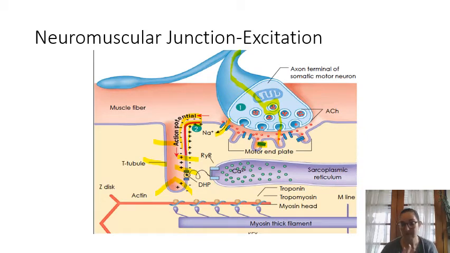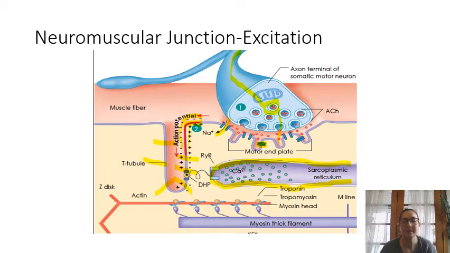What that does, and this is the next step now, so once we've received that action potential, it's going to trigger a release of calcium ions on the inside of the cell. So here is our sarcoplasmic reticulum. Sarcoplasmic reticulum is a muscle cell's version of the endoplasmic reticulum, or the smooth endoplasmic reticulum, the SER.